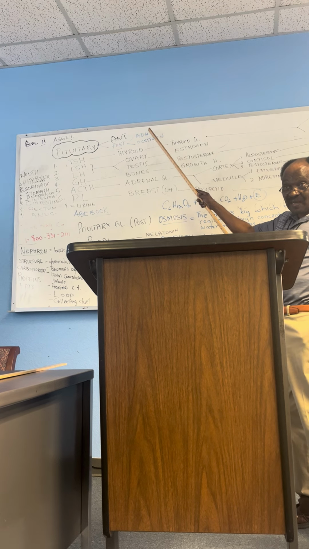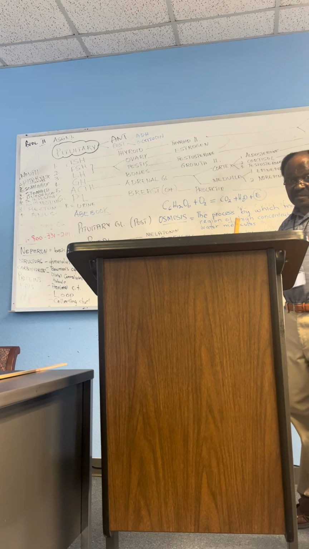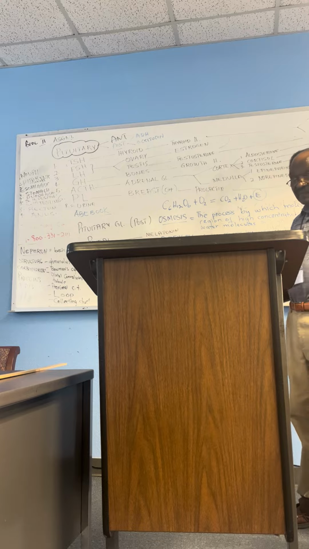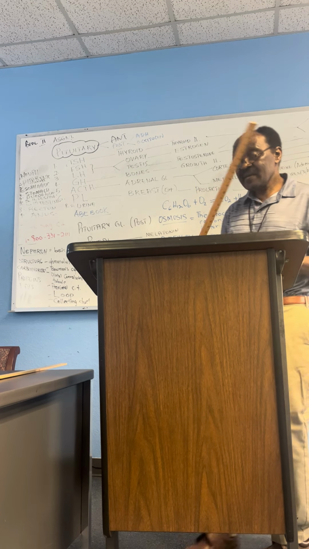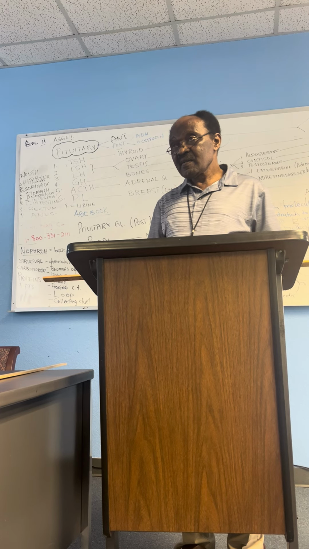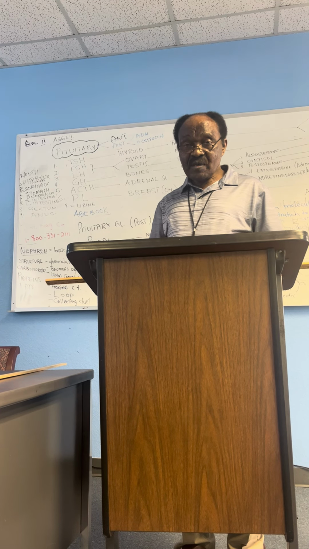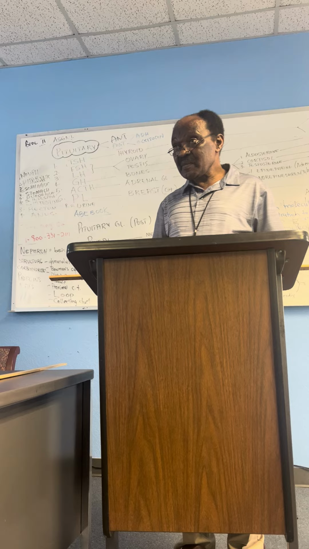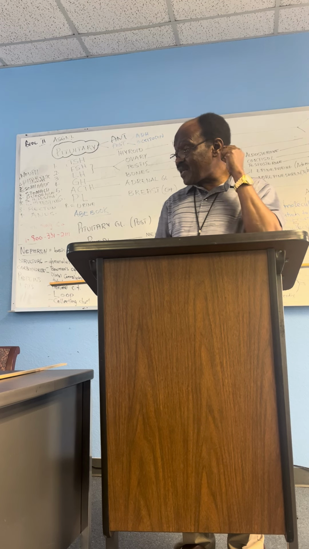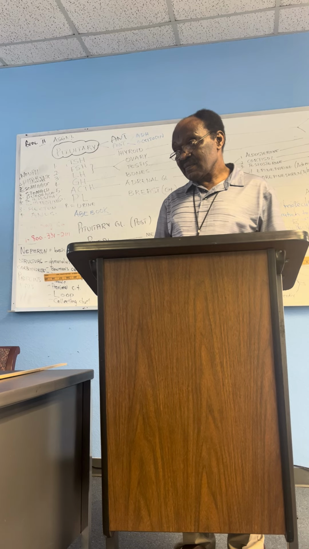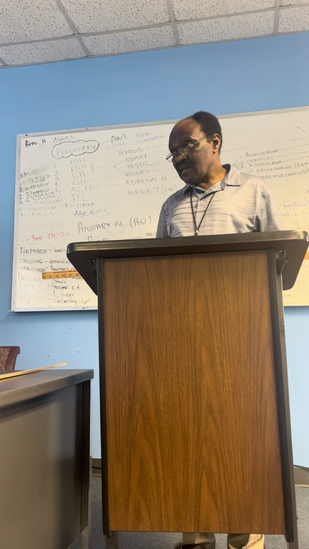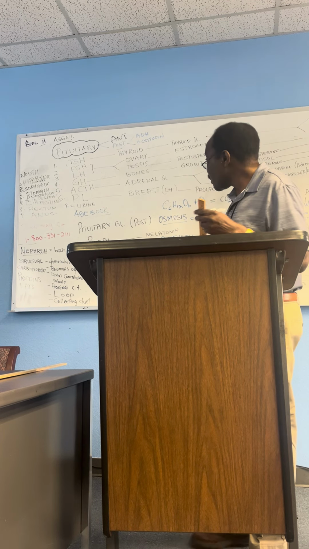So if a lot of that hormone is produced, you're not going to pass urine. And you cannot live without passing urine. If you don't pass urine, you cannot lose the waste products of metabolism like urea, ammonia, etc., which can do more harm to the body.